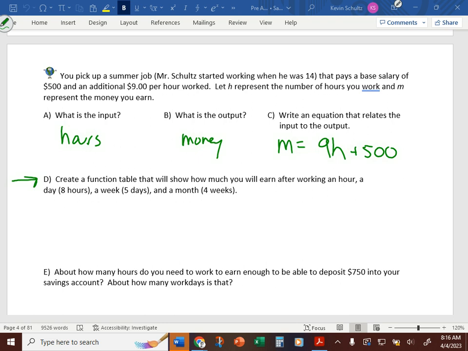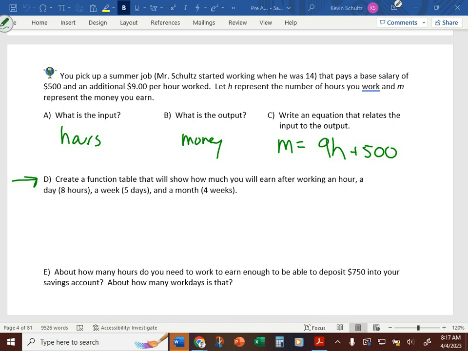So this one's a little bit longer than our first equation because it's got that extra constant there, right? But if you work for 2 hours, 9 times 2, you get 18 plus the $500, $518 total, right? Work for 10 hours, 9 times 10, 90, plus the $500, $590 total, okay?